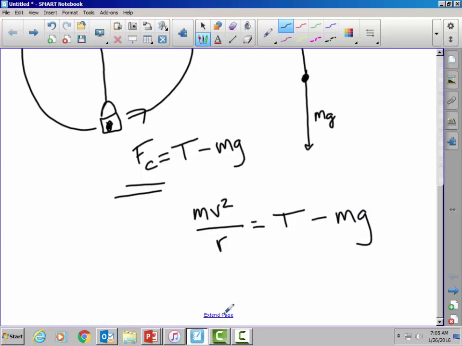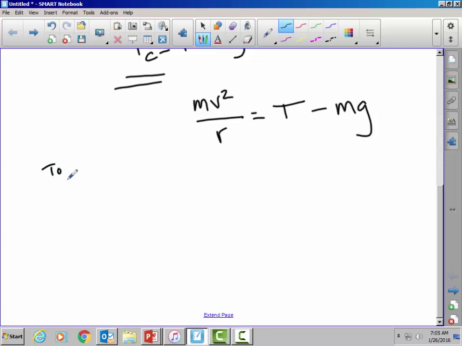All right, so let's look and see what's happening at the top of the arc now. So top of the arc, here's my bucket. I have the weight of the bucket pulling down. I'll draw my vectors a little smaller this time. But I still have that tension force, right? But now the tension force is going to be acting in the same direction as my weight.